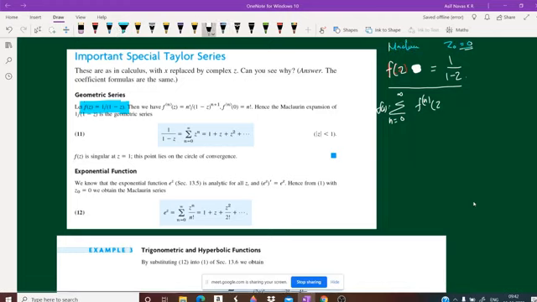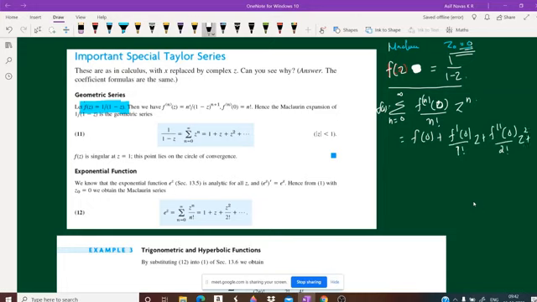So z naught is equal to 0 for the Maclaurin series. That is f of 0 plus f dash of 0 by 1 factorial z plus f double dash of 0 divided by 2 factorial z squared, etc.